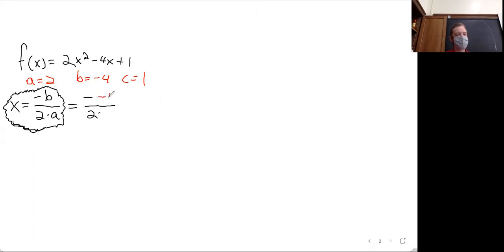So I've got 2 negative signs in the numerator, which means I'm going to put some parentheses around these to make it a little bit more mathematically accurate. Doesn't change how I do the problem, it just makes it look a little nicer. Then in the denominator, I have 2 times A. Well, A is also 2, which means I've got 2 times 2 in the denominator here.